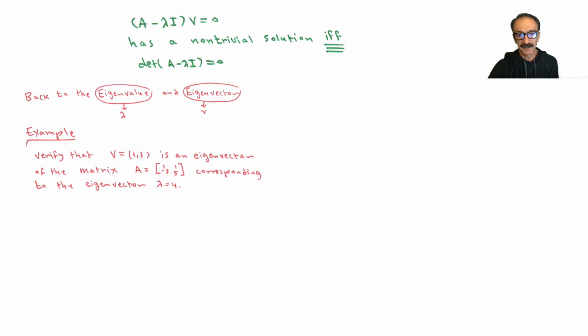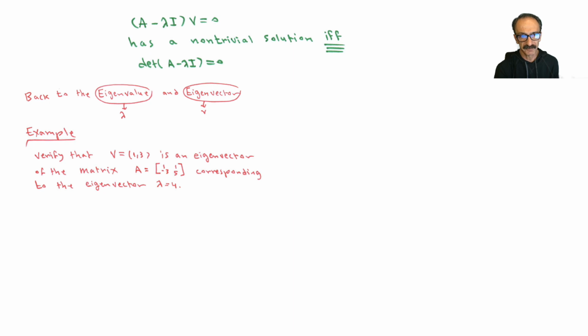Verify that v equals (1, 3) is an eigenvector of the matrix A equals [1, 1; negative 3, 5], corresponding to the eigenvalue lambda equals 4. This is just a very simple example to give you a connection between lambda and v.